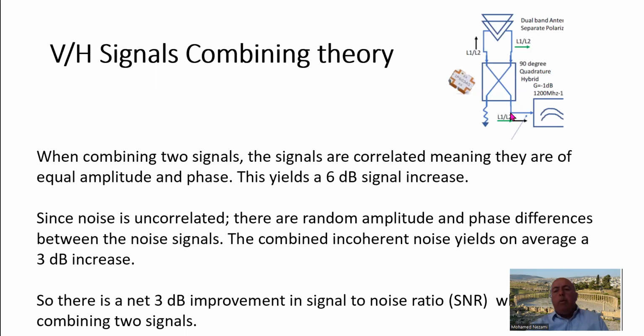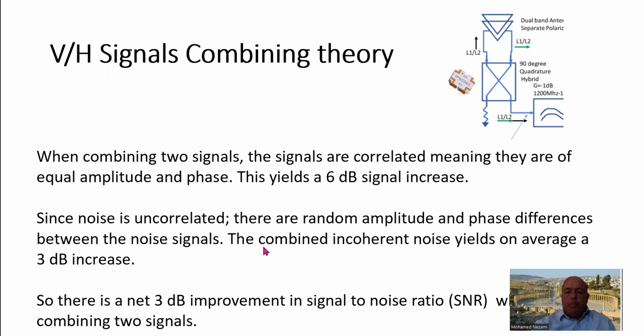The theory says that if you add the voltages, you get twice the voltage, and therefore when you square it, you get 4 times the power, which means it's a 6 dB increase in signal strength.